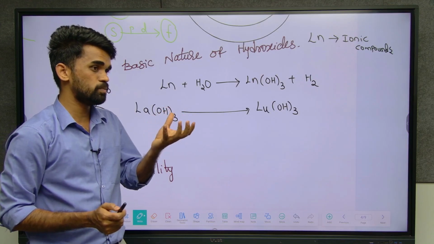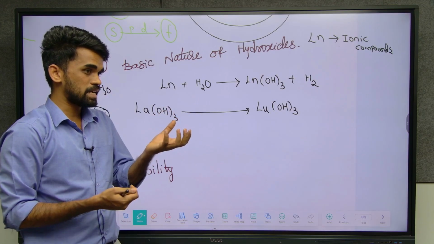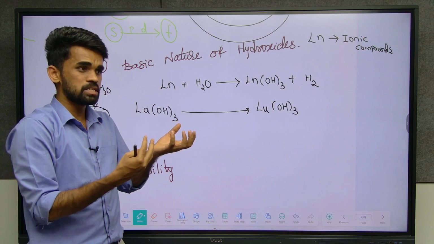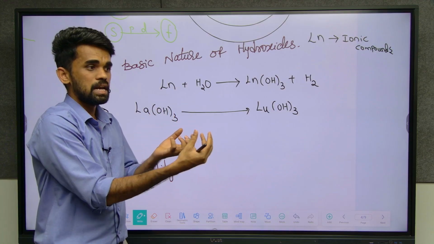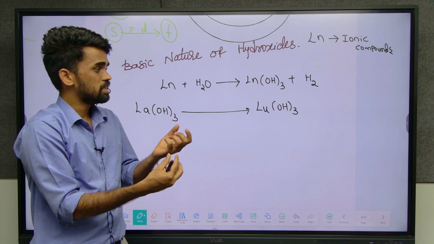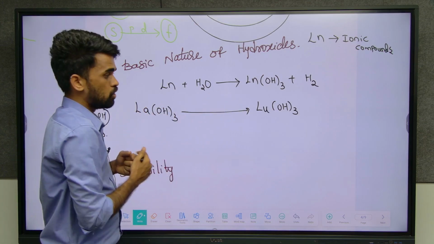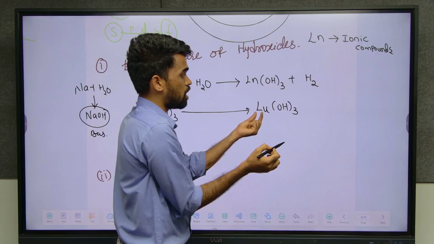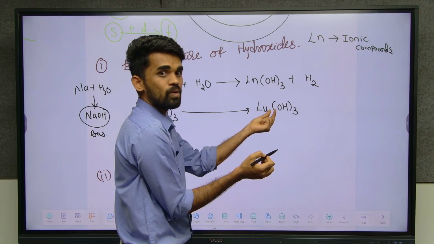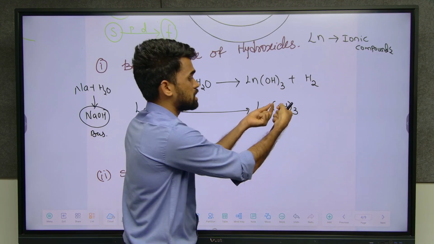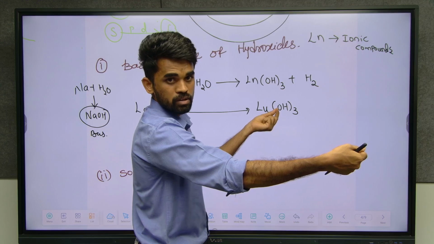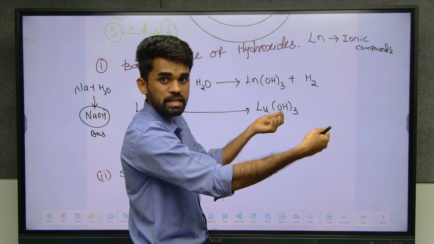How should the cation be? If small size cation, more positive charge, more will be the covalent nature, less will be the ionic nature. Which is the smaller ion here, lanthanum or lutetium? Lutetium is smaller. So if it is small, that hydroxide has more covalent nature. If it is more covalent, the OH minus won't come out, because if it is ionic, it can come out easily.